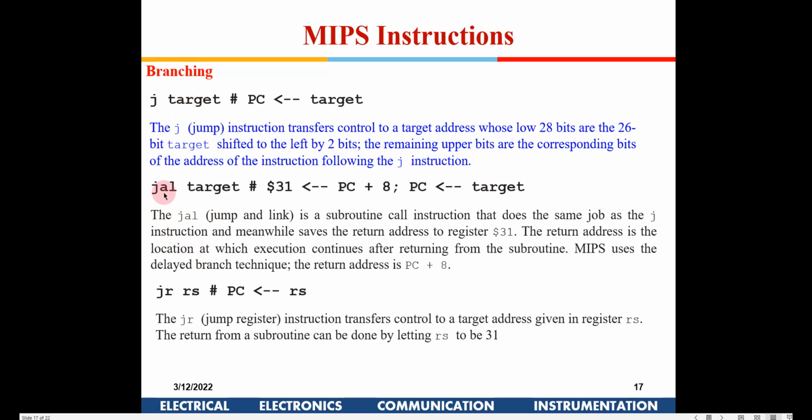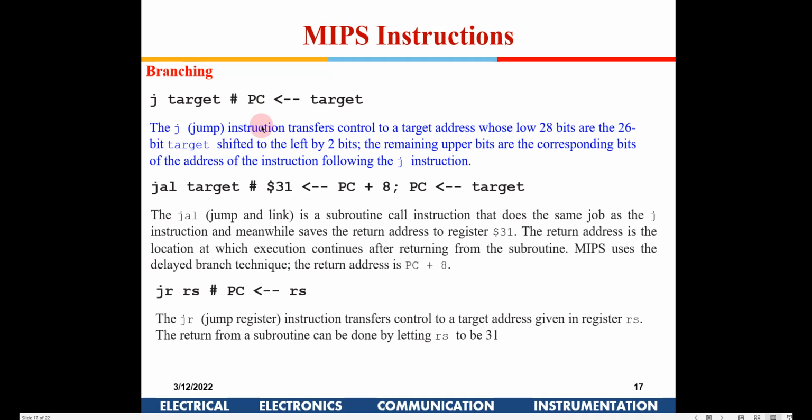And then you have jump AL, jump and link. In this case it will jump to the next target, the program counter would change, and it will start executing that particular program. Then at the end, it will continue as per whatever you have written there.